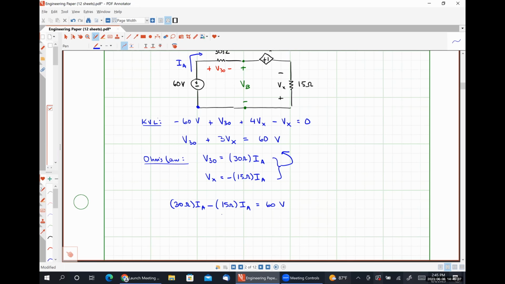Excuse me, 30 minus 15 is 15, so I'll have 15 IA is equal to 60, or IA is equal to 60 volts over 15 ohms, which is equal to 4 amps. Everybody okay with the algebraic substitutions that I've made here?